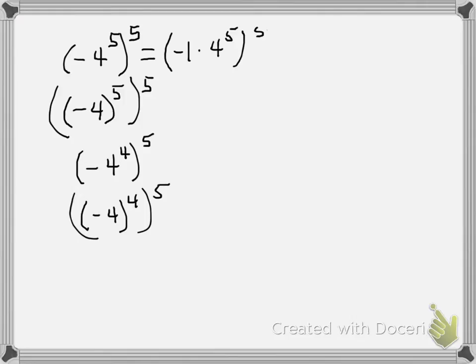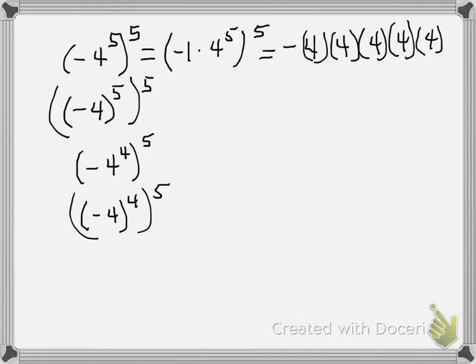So then that's going to equal negative 1, and then a 4 as a factor 5 times, and then all of that is raised to the 5th power. Now, if it is written in the second way, now my base is negative 4.